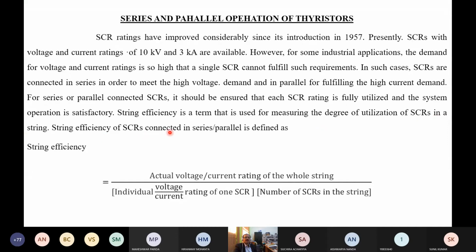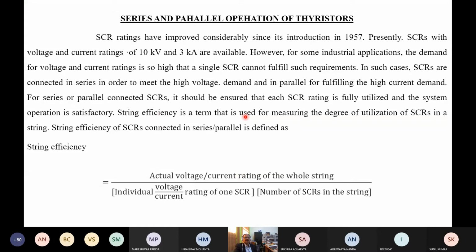String efficiency of SCRs connected in series parallel is defined as the actual voltage or current rating of the whole string divided by the individual voltage or current rating of one SCR times the number of SCRs in the string. Okay.